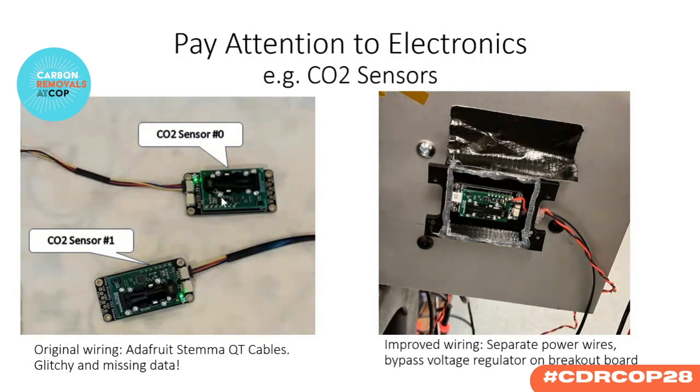But then if you look at the data sheet for the sensor, it says 3.3 is the minimum required voltage. So we were underpowering it. So I put in some thicker wires to provide the power and ground, and then I bypassed the voltage regulator, so the sensor actually was getting the 3.3 volts that it required, and that made it behave a lot better.